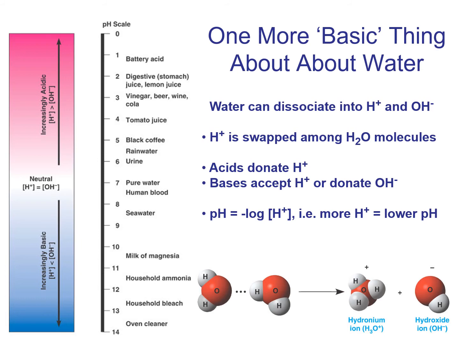Now it's also a negative log, which means the scale is flipped around upside down, which means that the more hydrogen protons we have, the lower the pH. The fewer hydrogen protons, or another way to look at that, the more unbalanced hydroxyls, the higher the pH. I'll give you some examples of that in just a second.